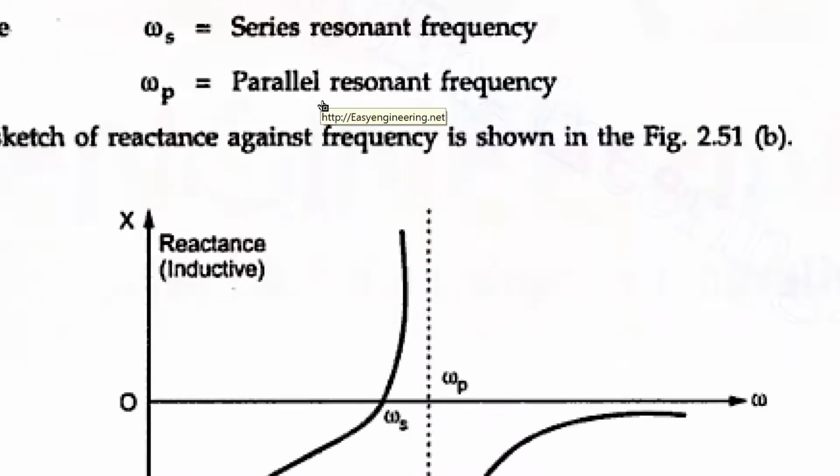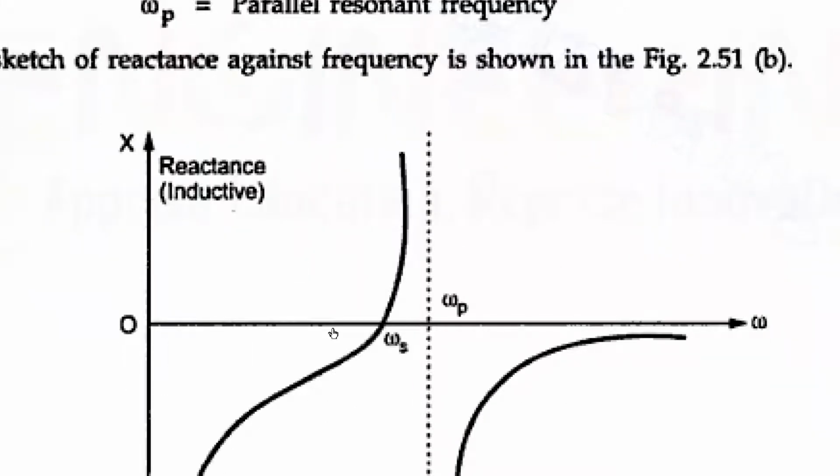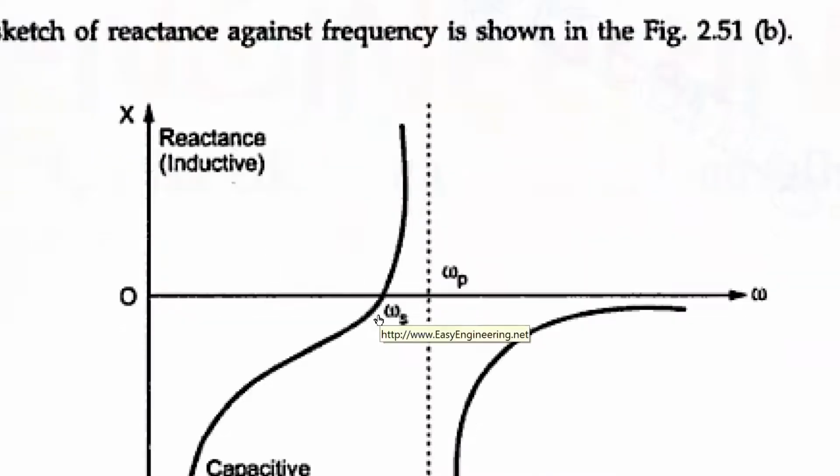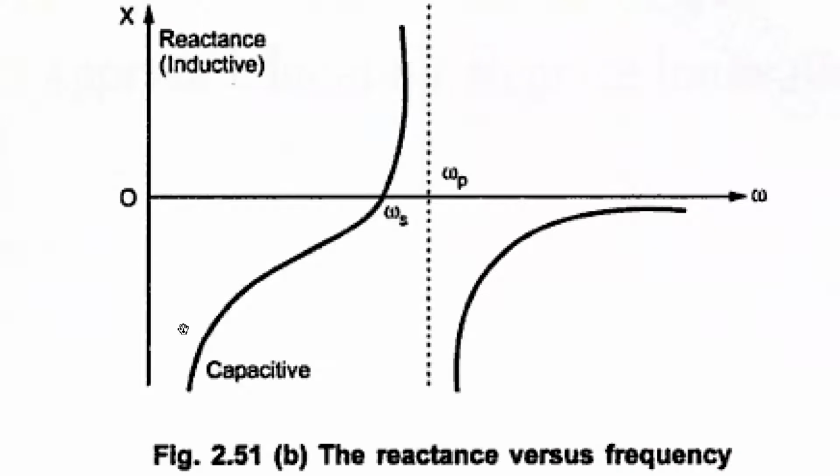The corresponding y value we are taking is 0, so this is the point here. One point we got when omega is 0, minus infinity. When omega is omega s, 0. So the graph will come like this.